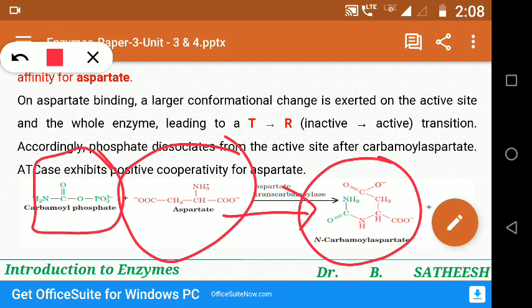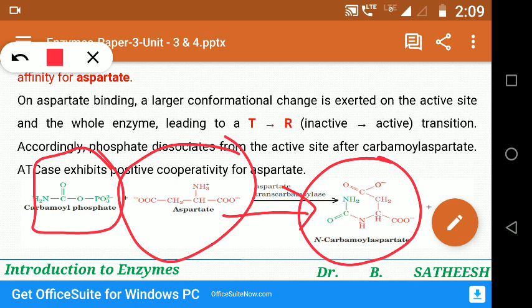Therefore the enzyme ATCase must be regulated by CTP by a feedback mechanism. Otherwise it will continuously synthesize the CTP beyond the necessary levels. That becomes a wasteful process for cellular economy. So ATCase is allosterically regulated by activators as well as inhibitors.